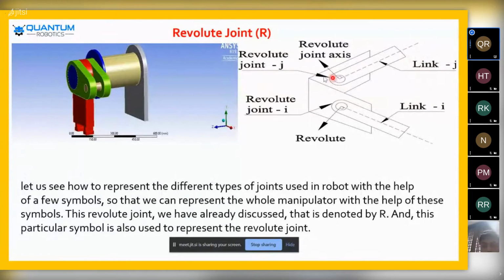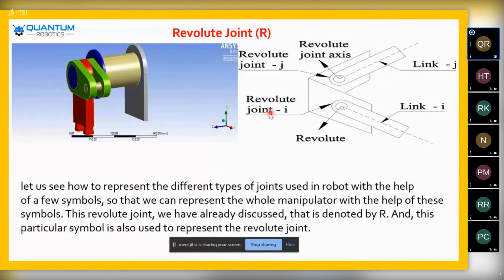Here the revolute joint depends on the joint position, not the link position. The link is attached to the joint, and in the joint position the particular action is represented according to the work analytics.